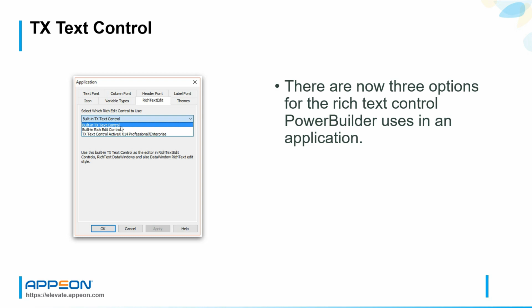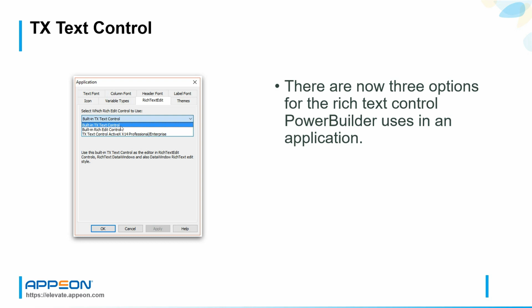That allowed you to then use that license within PowerBuilder. What's changed now is that the first option on the list is there is now an OEM agreement between Appeon and the people who make TX text control, and so now Appeon is enabled to include it with PowerBuilder. And so if you select the first option, you're going to go back to the text control that's been used since PowerBuilder 10.5. So if you're concerned about backwards compatibility, that's certainly the option to use.